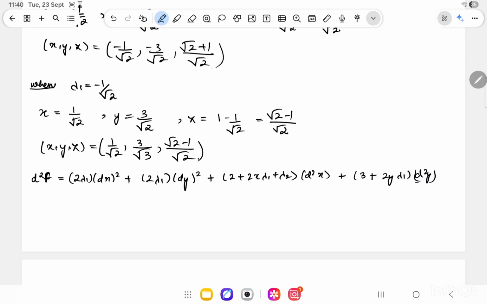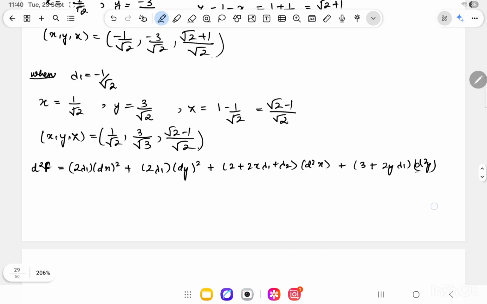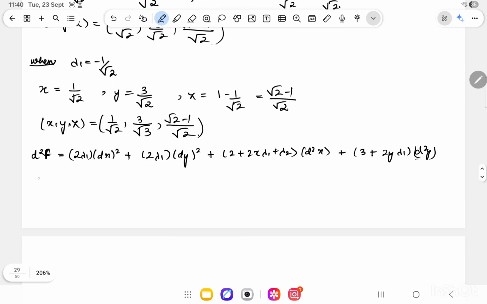Now we're supposed to just substitute in values of lambda 1, lambda 2 and xy, basically at these two specific points.